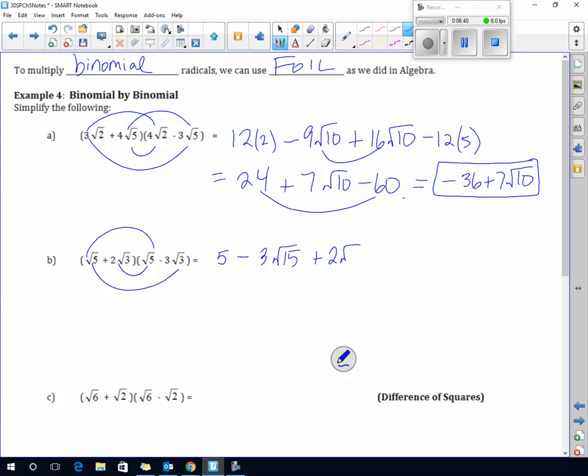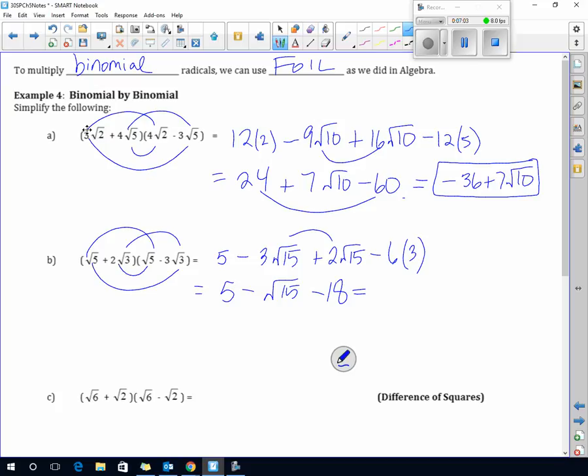So I get 5 minus root 15 minus 18. I combine those two together and minus 3 plus 2 gives me minus 1. And now I'm going to combine 5 minus 18, minus 13, subtract root 15.